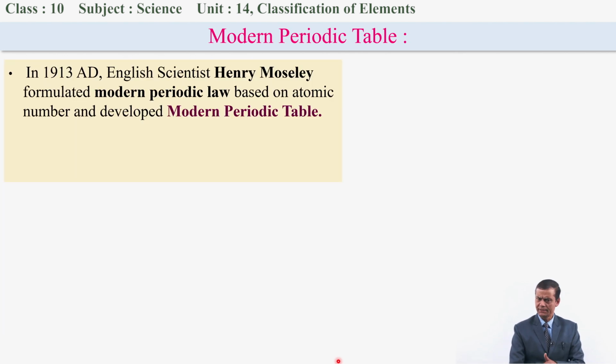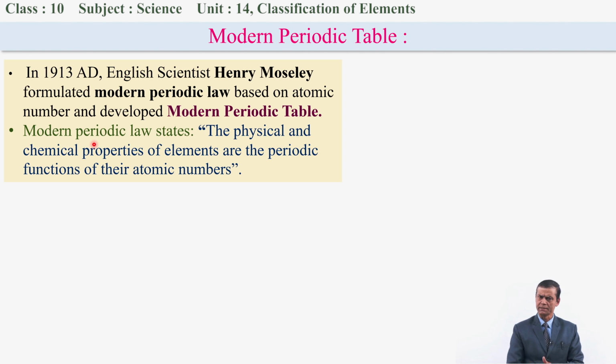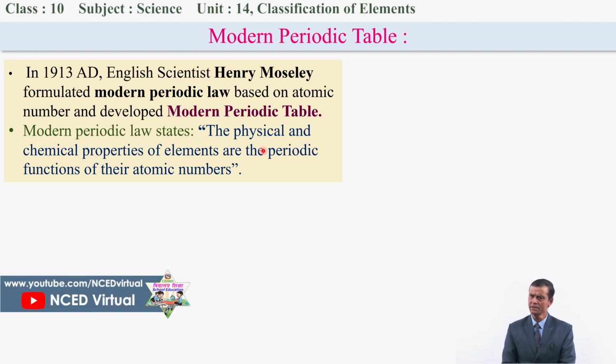Now, what did the modern periodic table look like? Henry Moseley proposed the modern periodic law. It was based on the increasing atomic number to develop the modern periodic table. This modern periodic law states that physical and chemical properties of the elements are the periodic function of their atomic numbers.